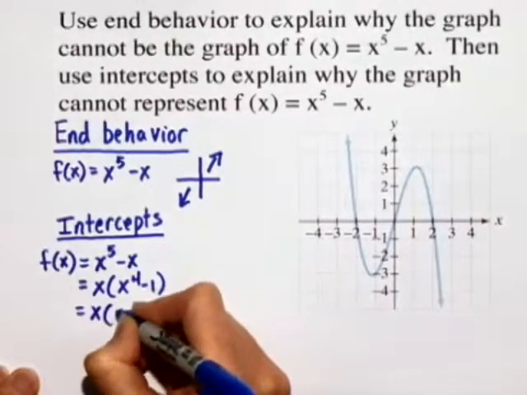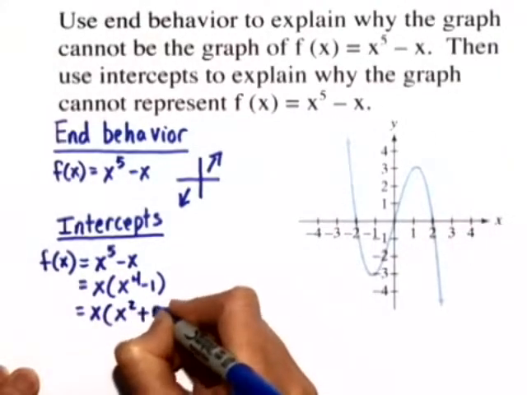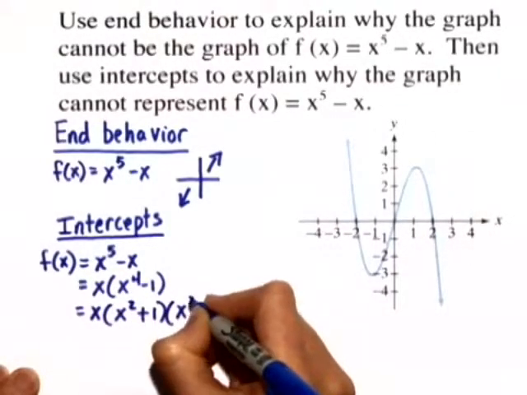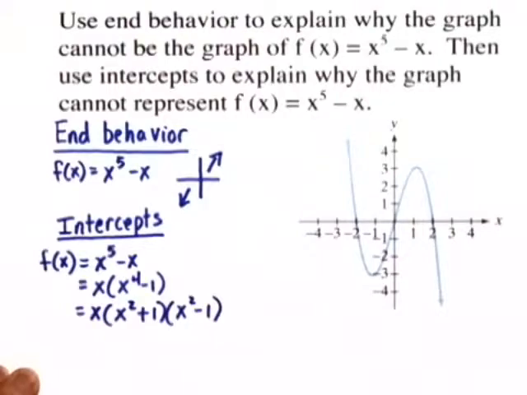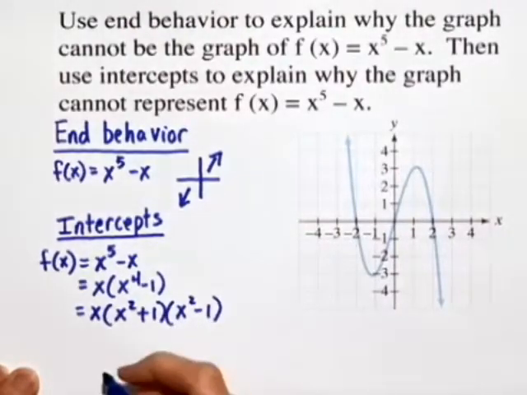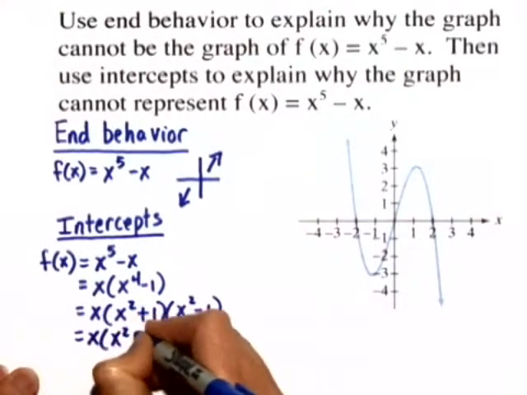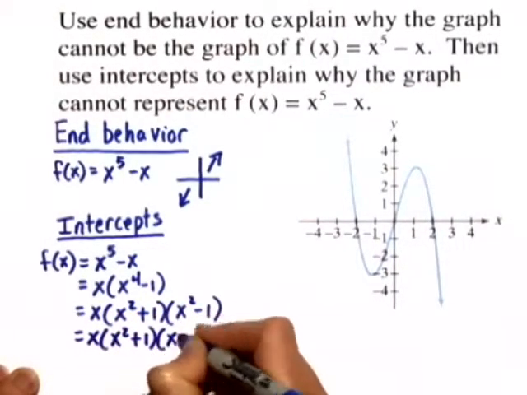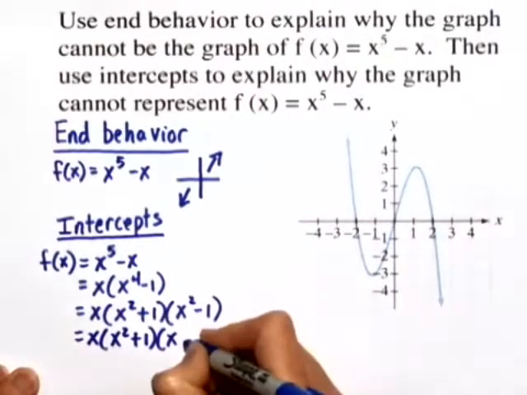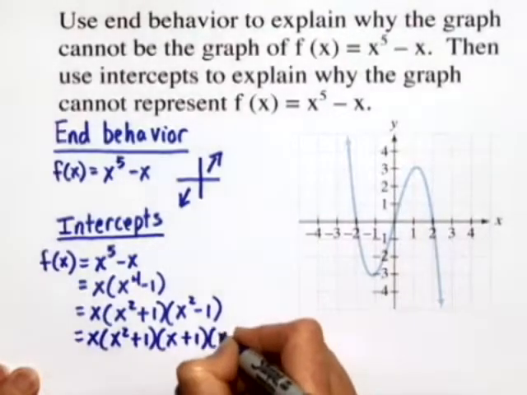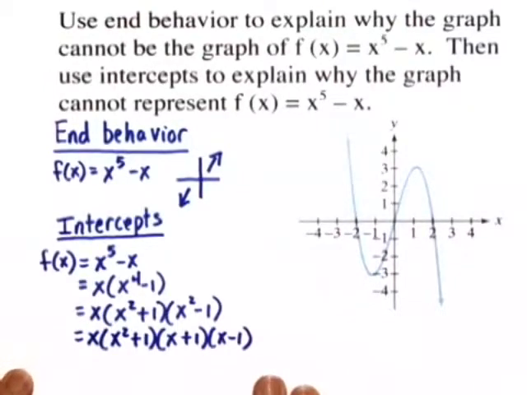So we have x times the quantity x squared plus 1 times the quantity x squared minus 1. It factors even further because x squared minus 1 is again the difference of two perfect squares. So we get x times x squared plus 1 times x plus 1 times x minus 1.